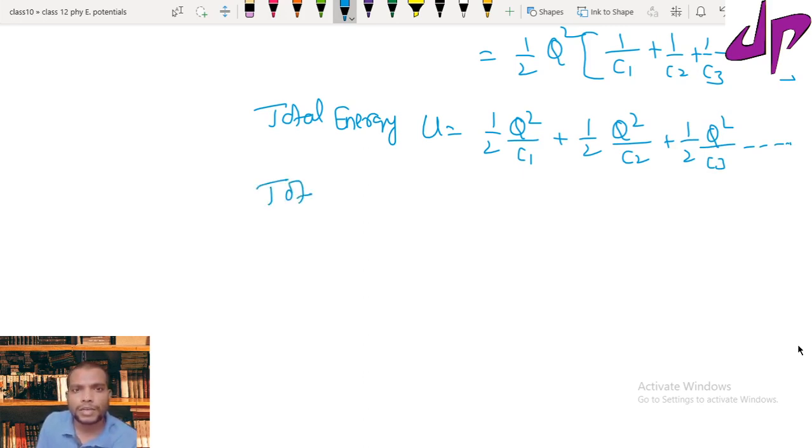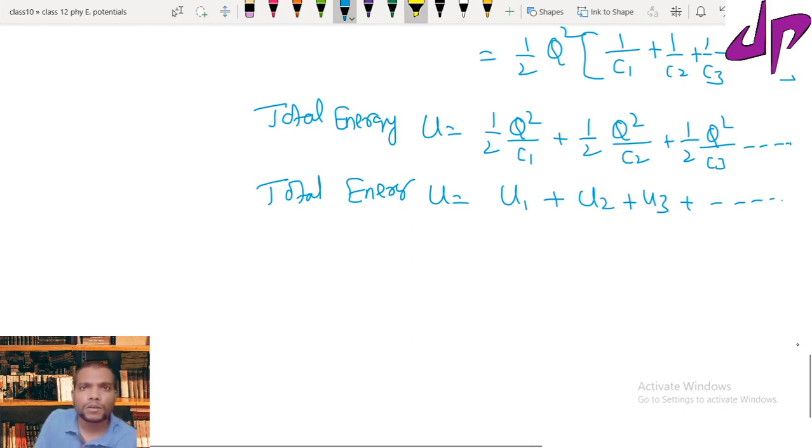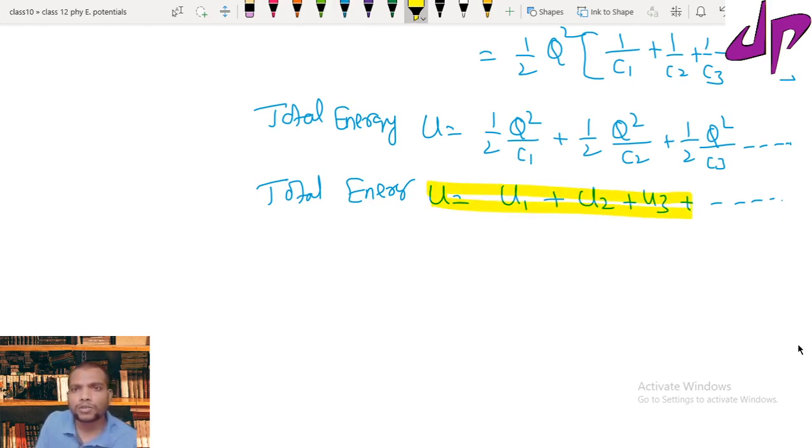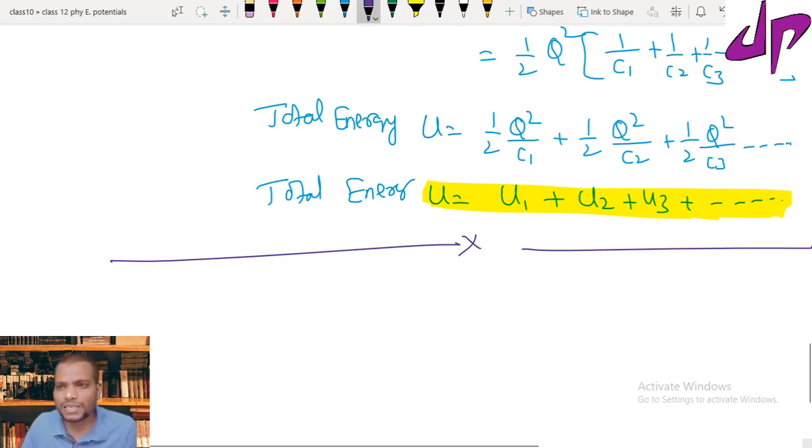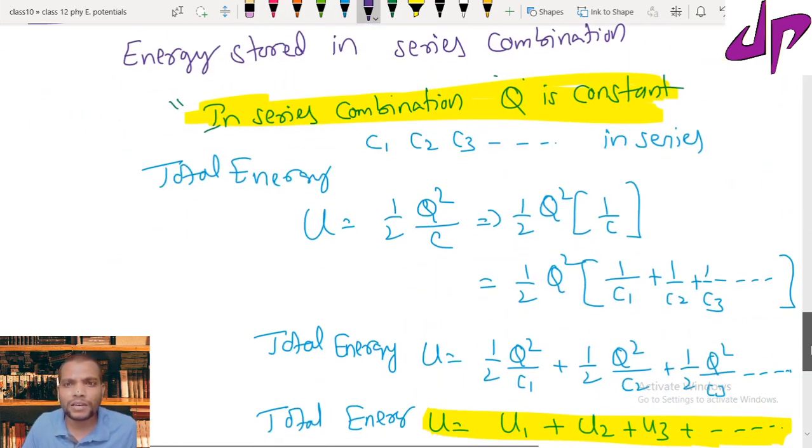So you can also write the total energy U equal to the sum of the individual energies, U1 plus U2 plus U3 and so on. So the total energy in series combination, when you combine capacitors in series, the energy will also be added. There is no decreasing of the energy, the energy of the individual capacitors will just be added.